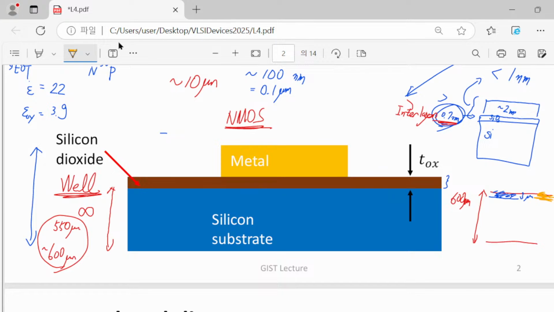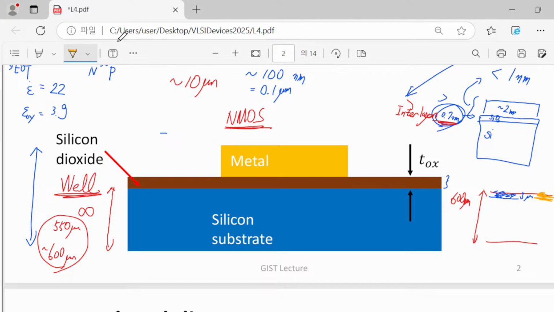So although 600 micrometer is relatively thick from our point of view as electrical engineers, this comes from the ease of wafer handling. Otherwise, if you make it even thinner, then it is easy to be broken and easy to be warped, like a warpage. So many unwanted things happen. So that's the reason why we keep this value.